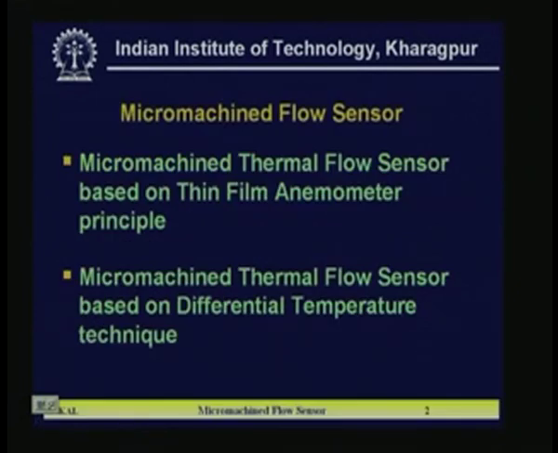Now, there are two techniques used for designing micromachined flow sensors, namely the thin film anemometer principle and the differential temperature technique. Both of the flow sensors belong to thermal flow sensors. The basic principle behind this is that a heater will be there and heat will be dissipated from the heater with flow.